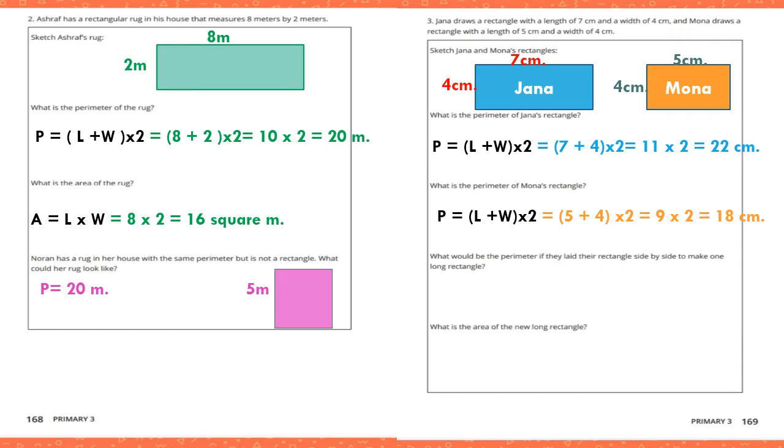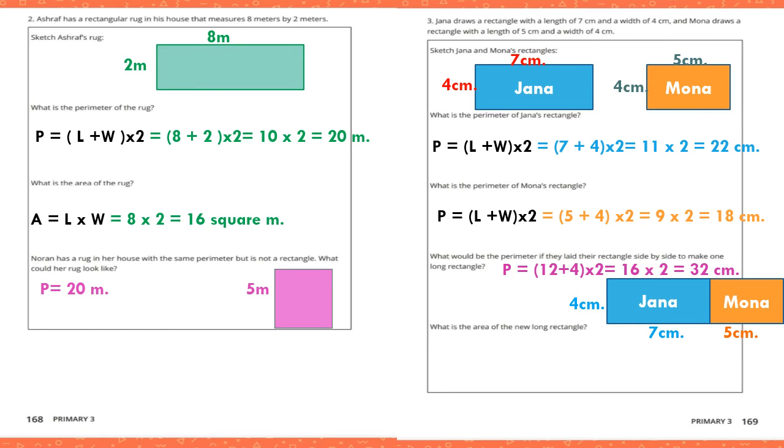But what would be the perimeter if they laid the rectangles side by side to make one long rectangle? The length will be changed. It will be 7 plus 5, and the width remains the same. It will be 4. So what is the new perimeter?